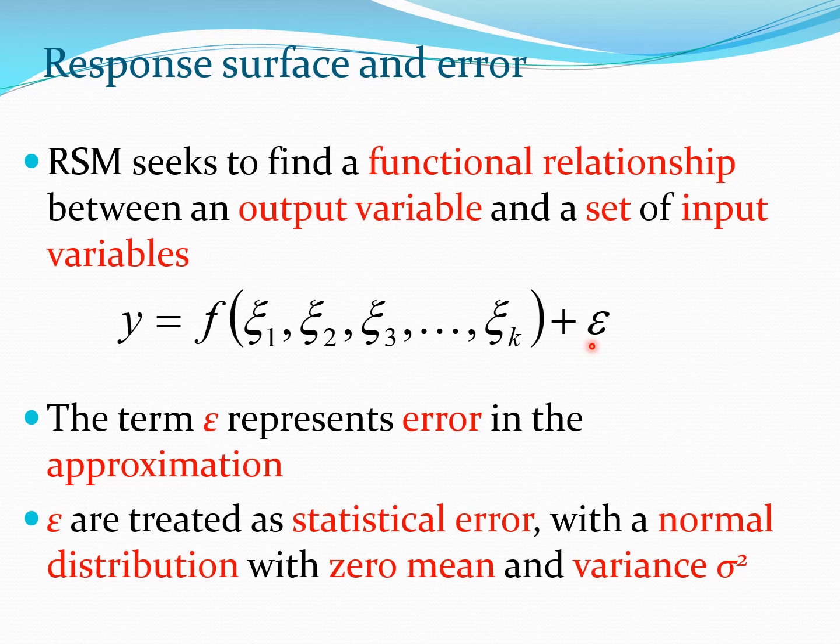Now, this term is a statistical variable, and therefore you can consider it to have zero mean and variance sigma square, where sigma is the standard deviation. So that's essentially what the response surface method does, is that it tries to find this function. And of course, at a very general level, this would be a surrogate model or a metamodel. It becomes a response surface when you look at polynomial approximations of this function.